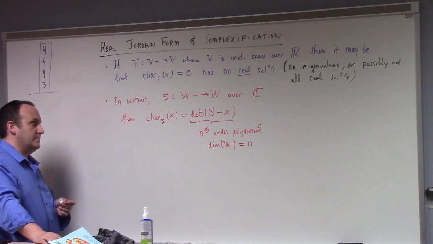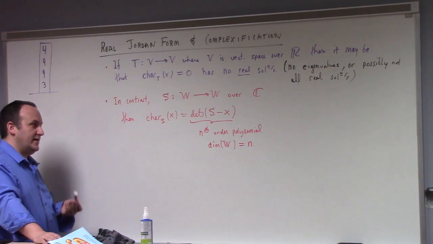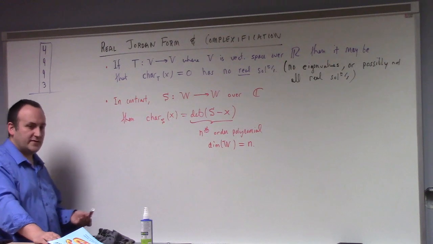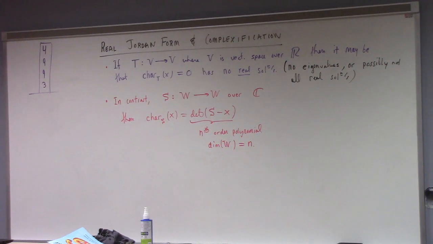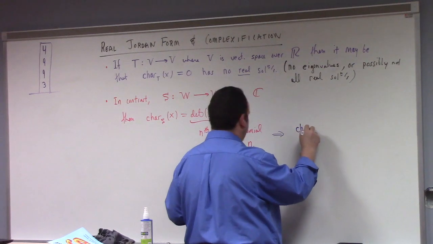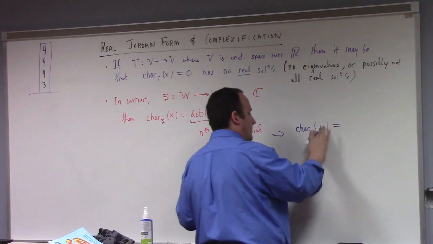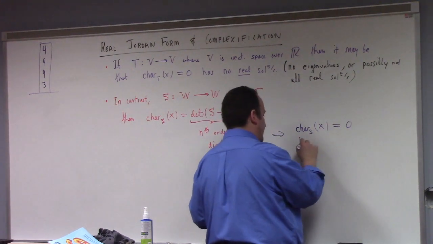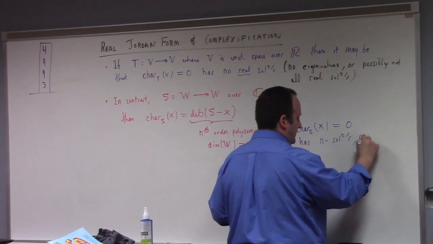So if we're looking at a linear transformation over the complex numbers, then we're in business, because the characteristic equation will have eigenvalues, which implies that the characteristic equation has n solutions, possibly repeated.